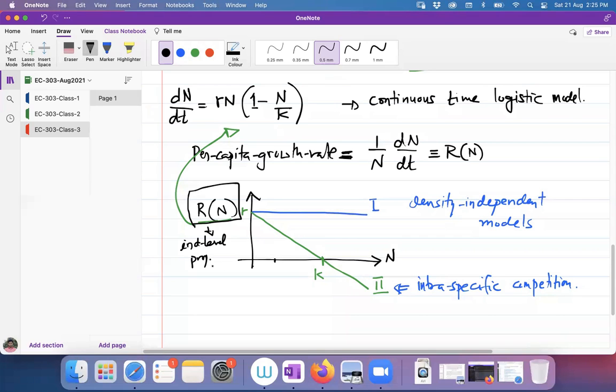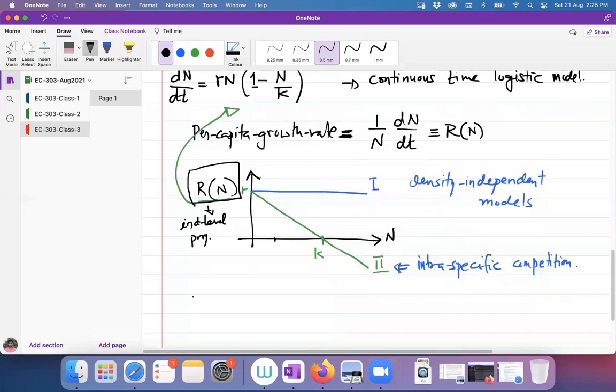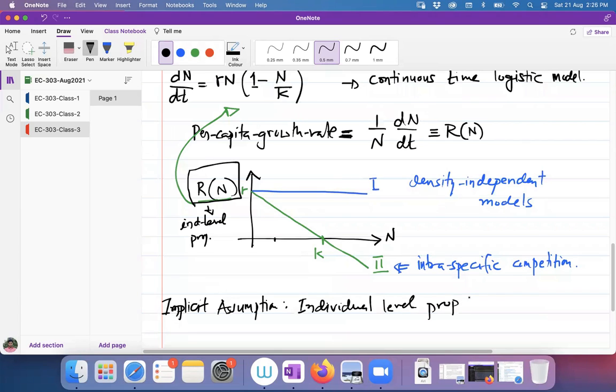An implicit assumption we never made very clear is that the individual level property, although it's an average, depends on total population size N. Isn't that right?